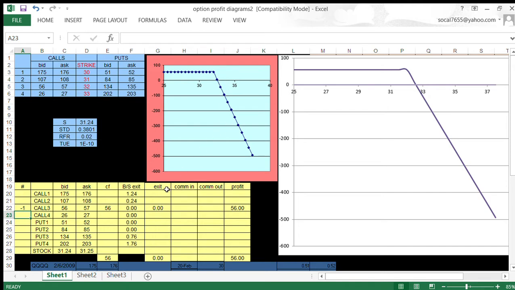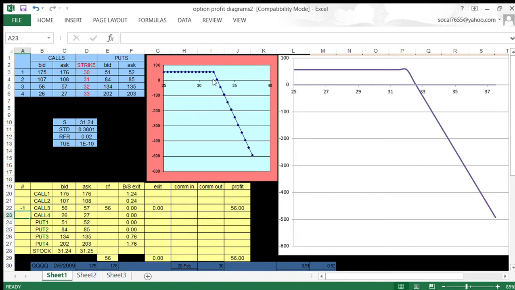Interestingly, when we write calls, also true with puts, but in the current circumstance, when we write calls, the call can expire in the money and we still make money, okay? So here we received $56 when we wrote a call with a strike price of 32, and we see even at a price of 32.50, we're still making $6.